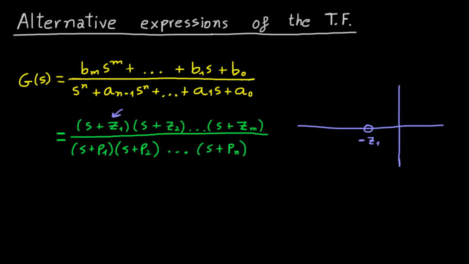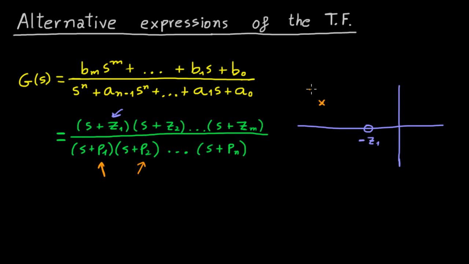If we have complex conjugates, remember that the roots of a polynomial can be either real numbers or complex conjugate pairs. If these two poles turn out to be complex conjugate numbers, we can find them here.